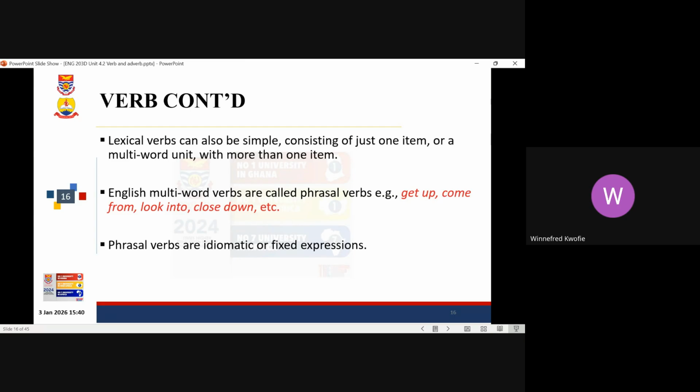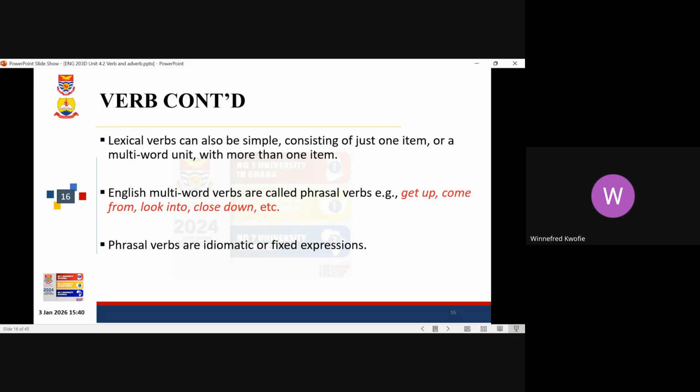So we are looking at lexical verbs. Remember, we gave two broad categories of verbs: lexical verbs and auxiliary verbs. When you talk of lexical verbs, we are looking at the verbs that have meaning.